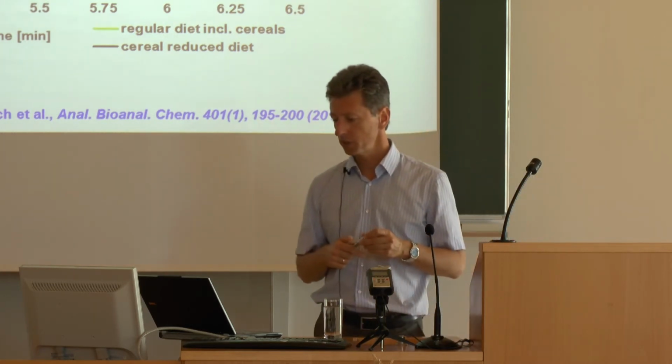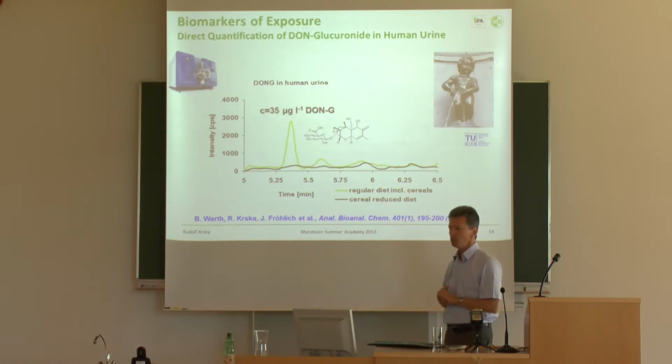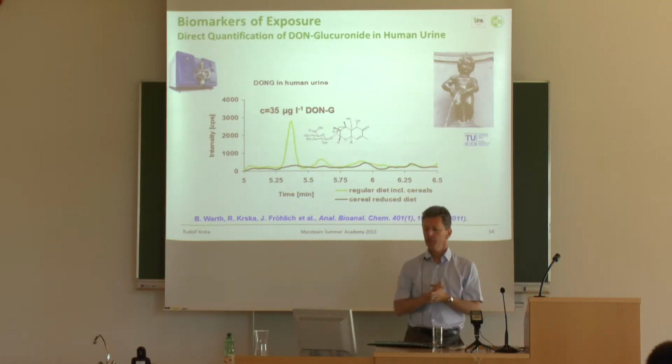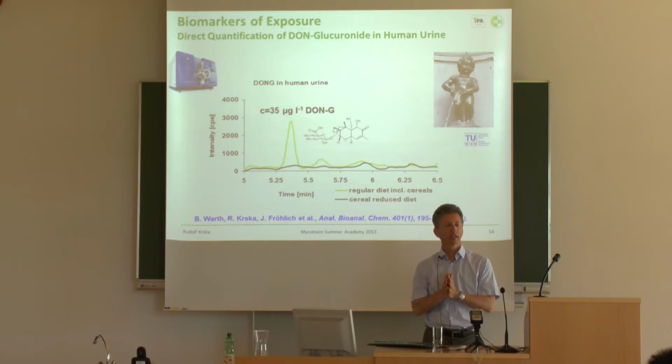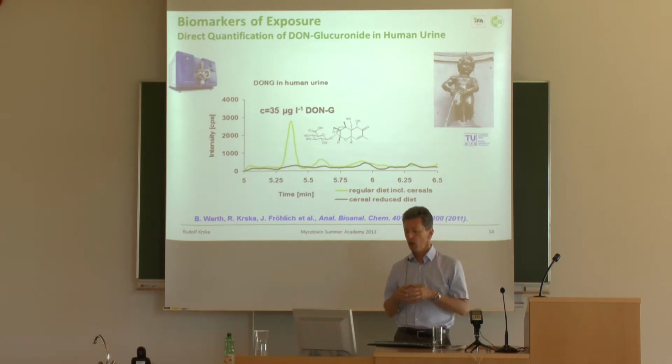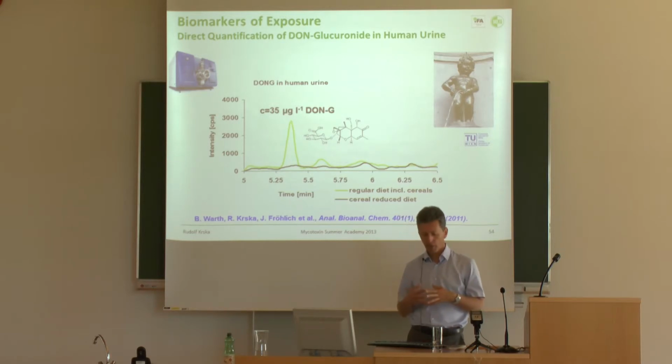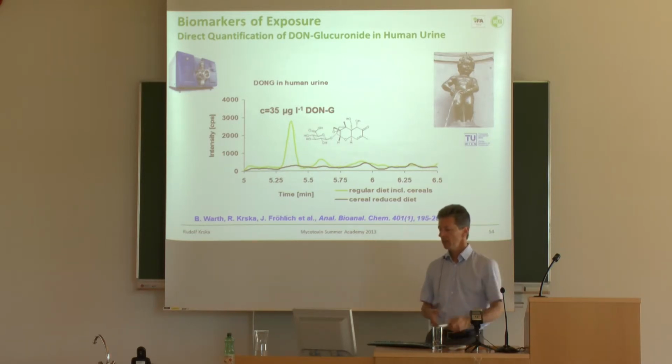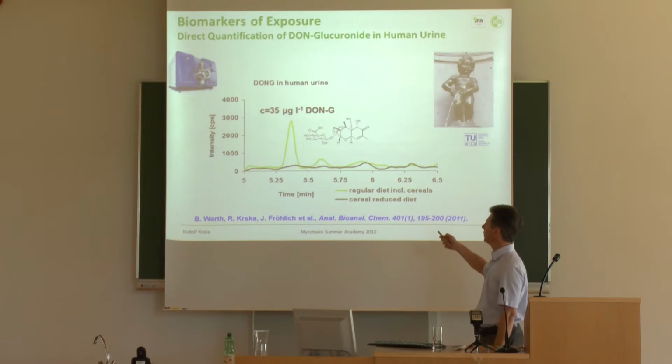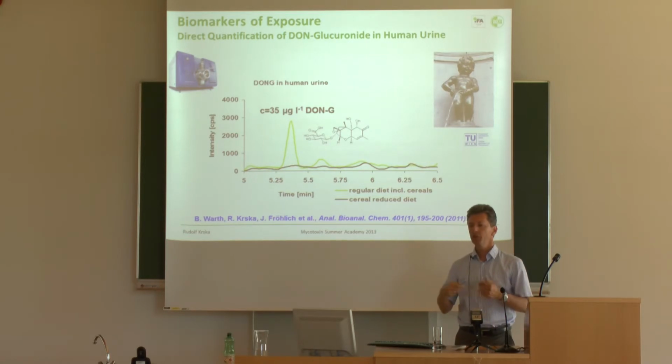the mycotoxin community. And what I wanted to point out here is the area of biomarkers of exposure. I have already mentioned that now with the sensitive methodology which is available, we are now able to also detect deoxynivalenol and its glucuronide, so the oxidized form of glucose, in urine.